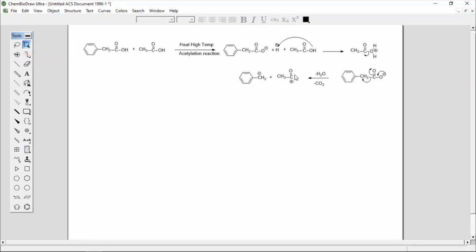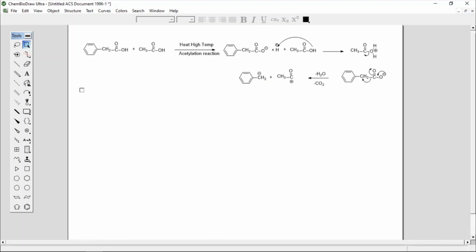Because this carbon is electron deficient, because it has a positive charge and it has an electron withdrawing group, so it can easily be attacked by the nucleophile, and this is your electron rich species, it acts as a nucleophile. So this benzyl carbanion will attack on this acylium ion.